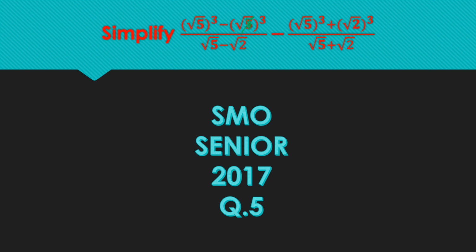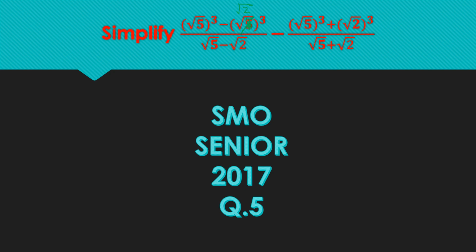It's not root 5, it's root 2. I am very sorry. Alright, root 5 minus root 2 to the power of 3 by root 5 minus root 2 minus root 5 to the power of 3 plus root 2 to the power of 3 by root 5 plus root 2. Please pause this video to attempt this question.